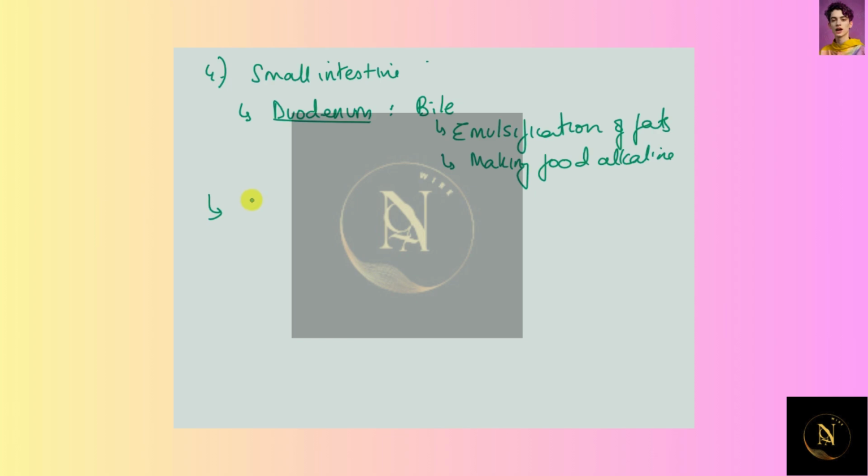Then it also produces enzymes such as amylopsin. Amylopsin acts on starch to produce maltose. This is the first enzyme.